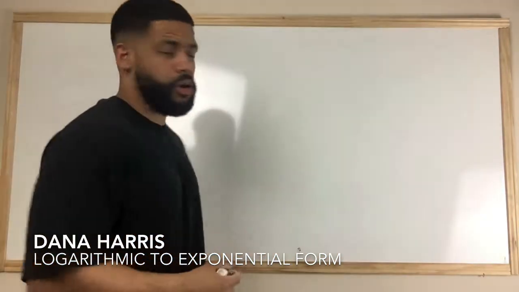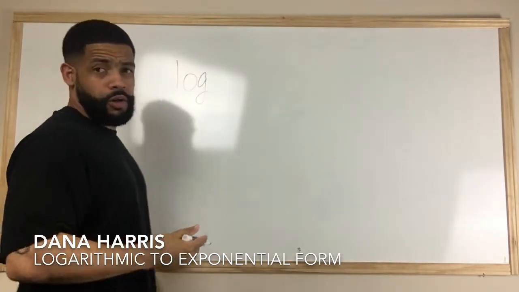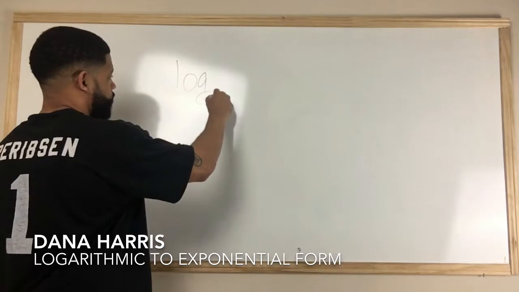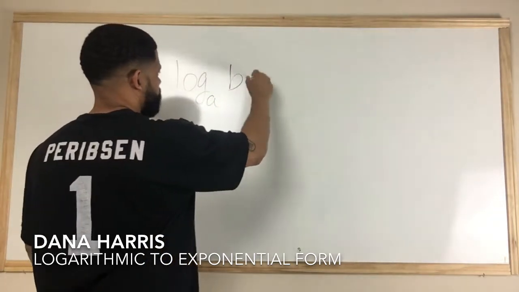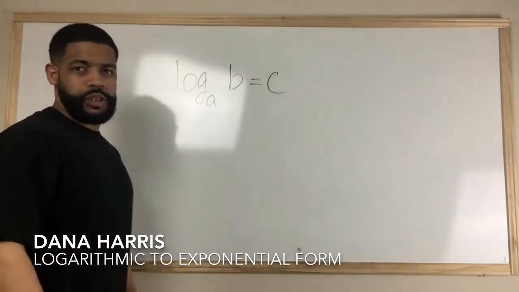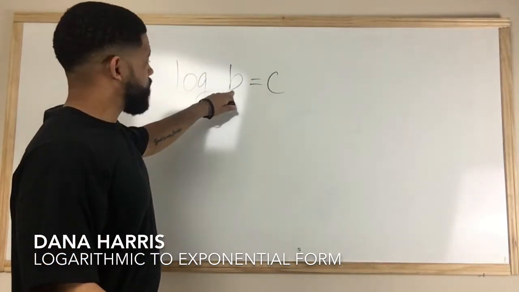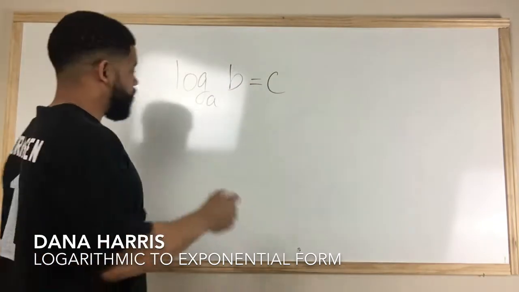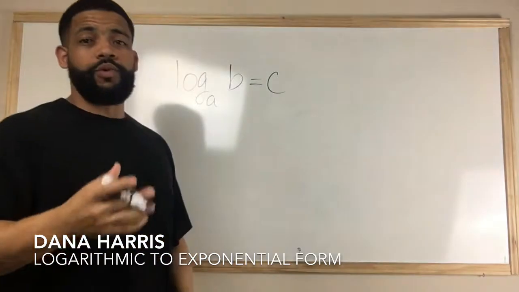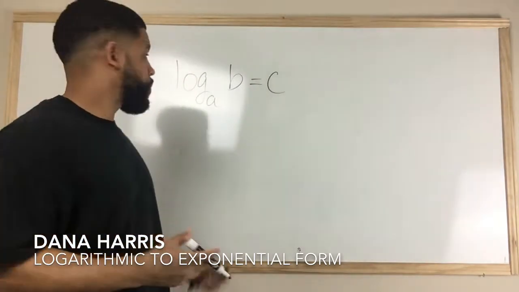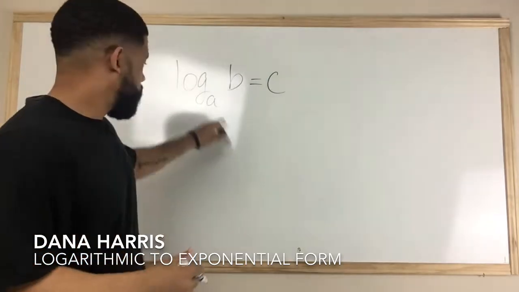So when we talk about logarithms, we have something that looks like this. We have log, and I'm going to use base A of, let's say, B equals C. So we read that as the log base A of B equals C. Now you might also see this in a different form, but if we want to change this log from logarithmic form to exponent form, then we need to take this base.